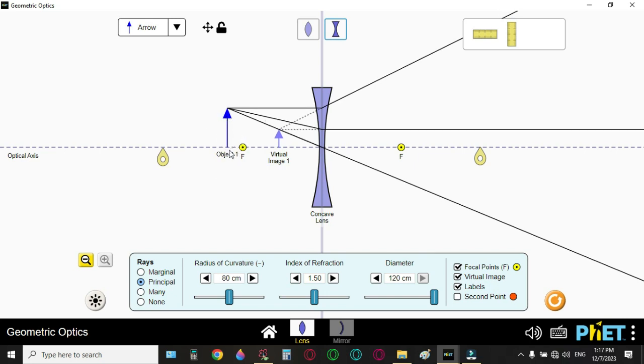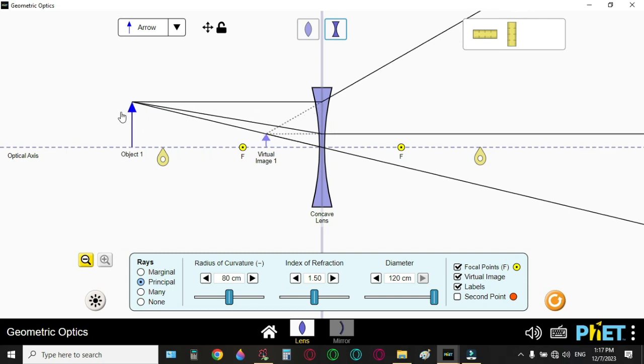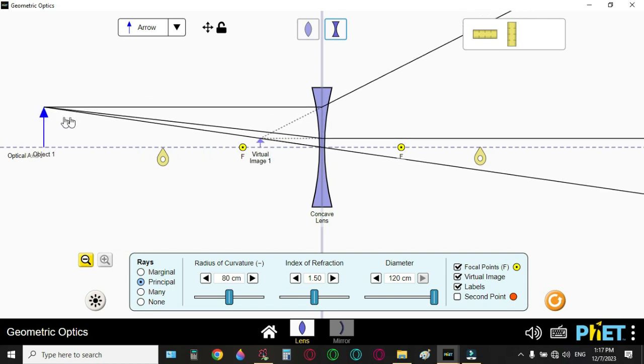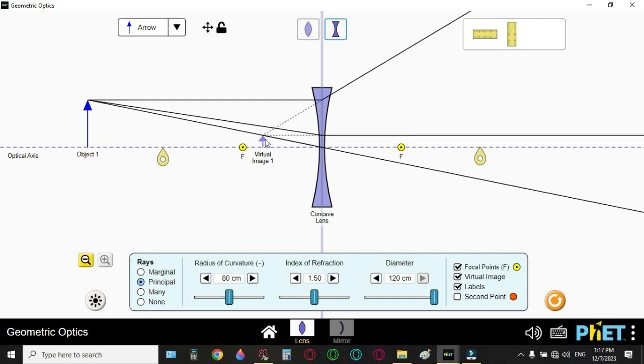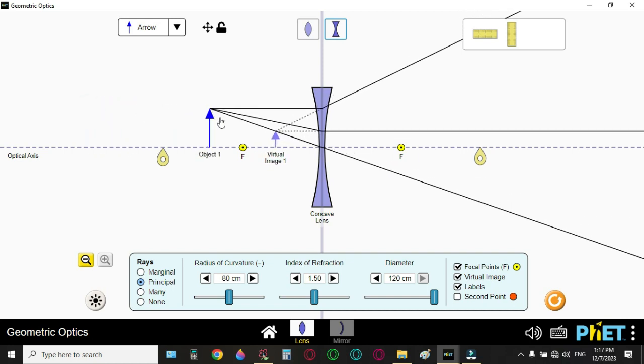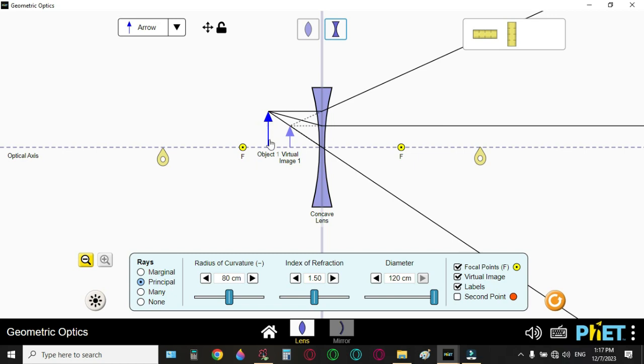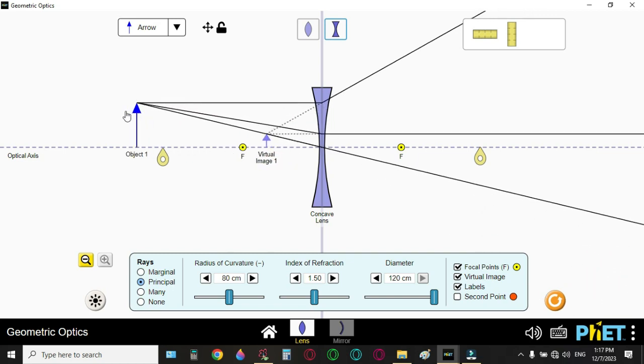So where the object is located, that is where the image will be if you are dealing with concave lenses. If I put the object here, you can see the image located at the same side of the lens. If I bring the object near to the lens, the image tends to be bigger but is still smaller than the object.